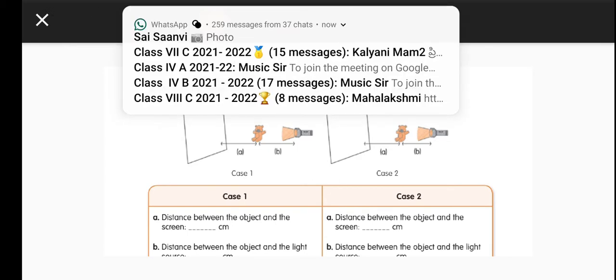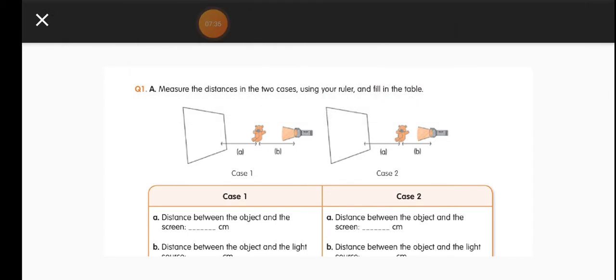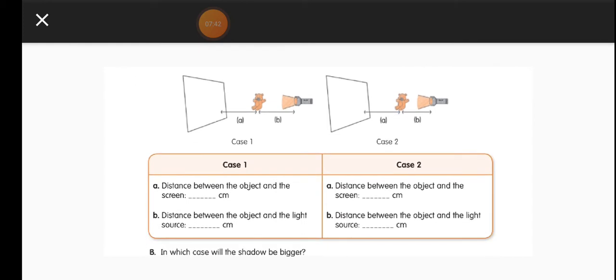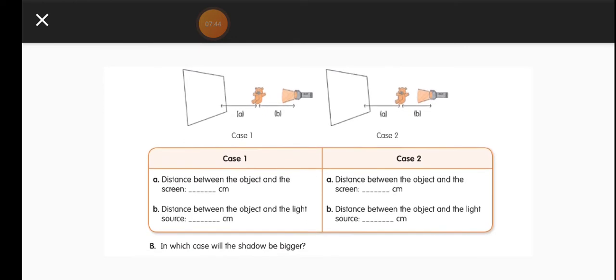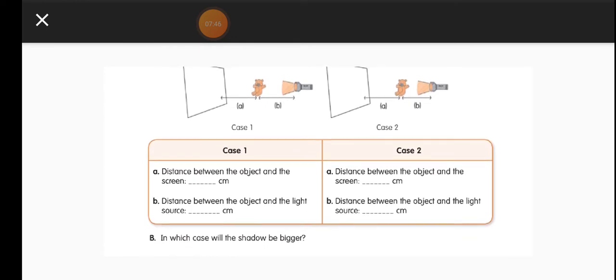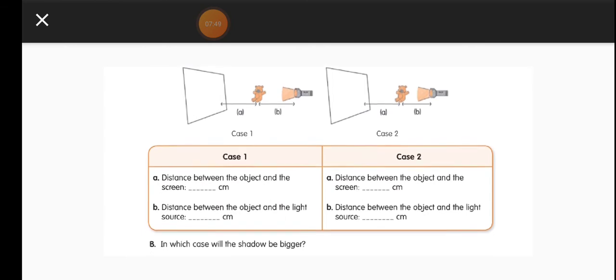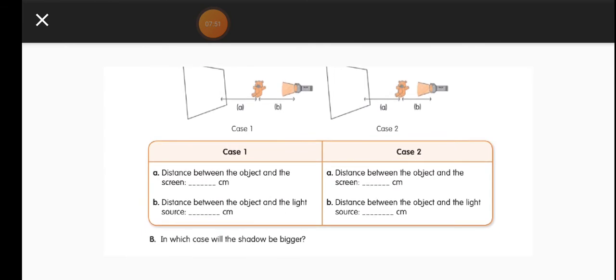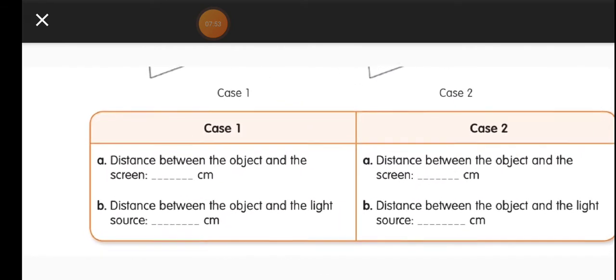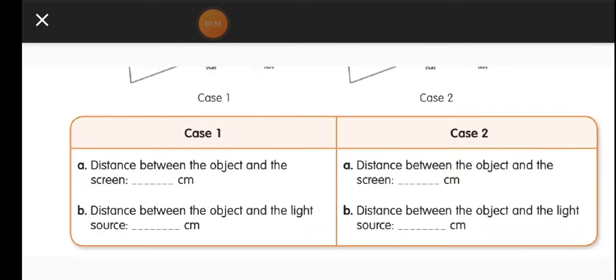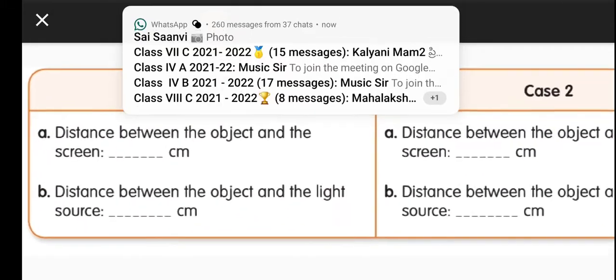It is not exactly near to the light or not exactly near to the screen. And in the second picture also the object is away from the screen and very close to the light. So by observing case 1 and case 2, you have to fill the boxes now.